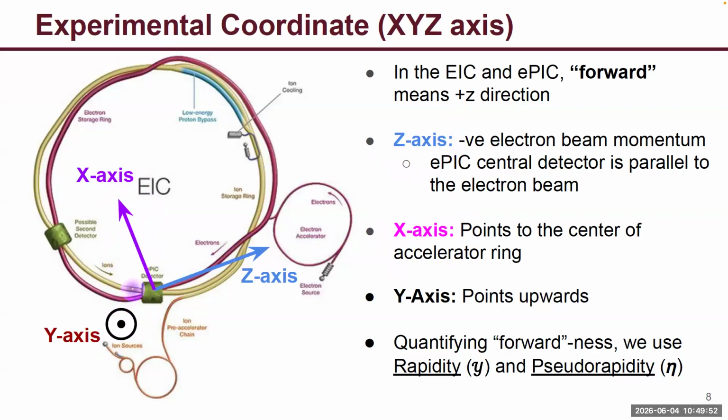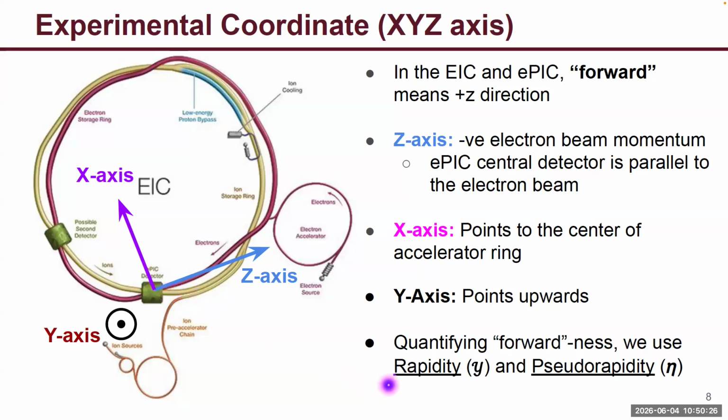So this is the geometry of ePIC, and forward means whatever is going in the hadron-going direction. I want you not to be deceived by this picture, because the central ePIC detector is parallel to the electron beam, whereas in this picture it is not quite lined up like that. Any questions about this?